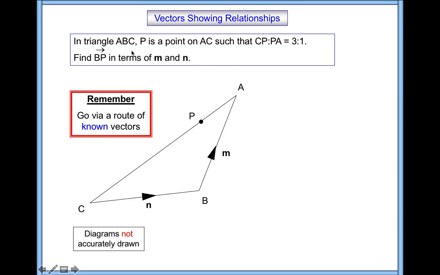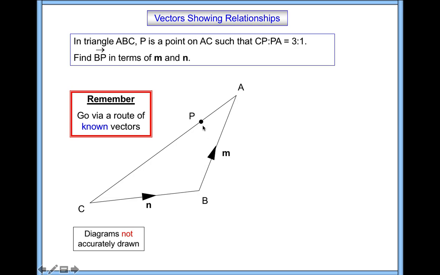Now students, this is a ratio type question in triangle ABC. P is a point on AC such that CP is to PA is equal to 3:1. Find BP in terms of M and N. You have to find BP, okay?